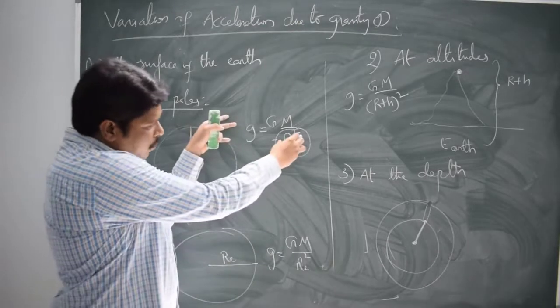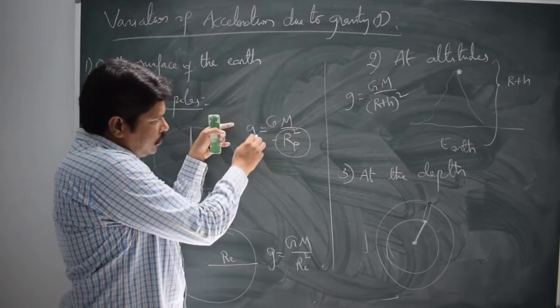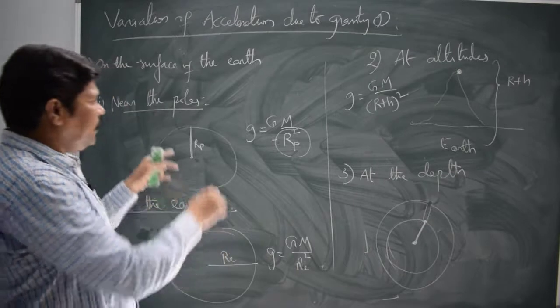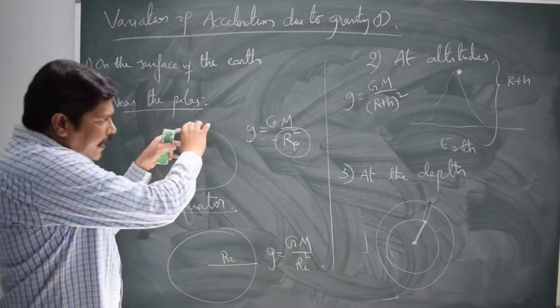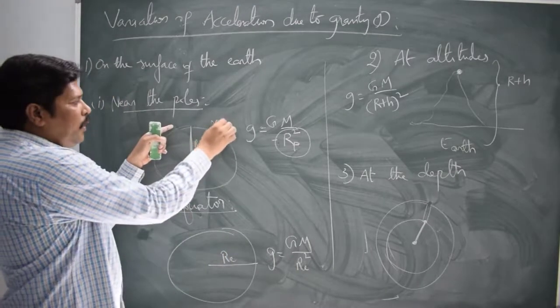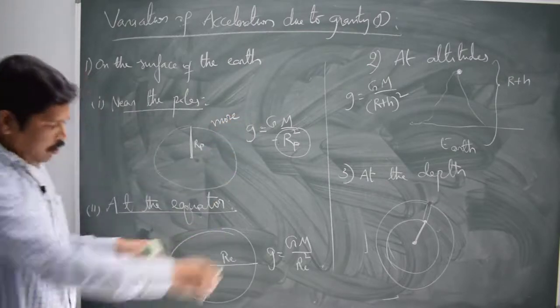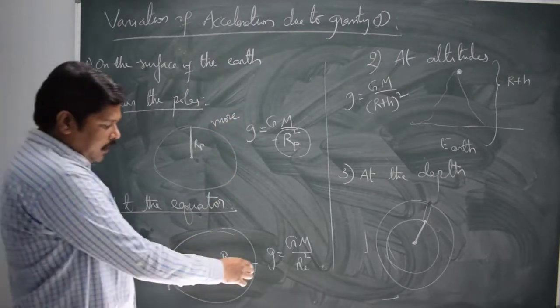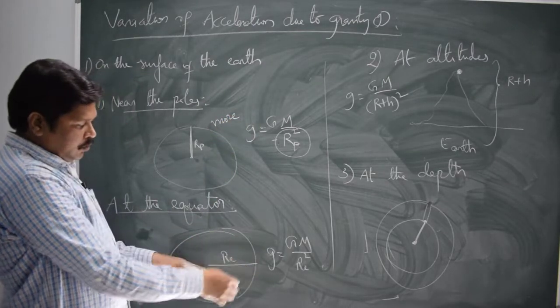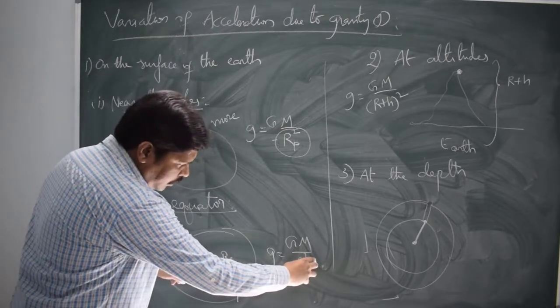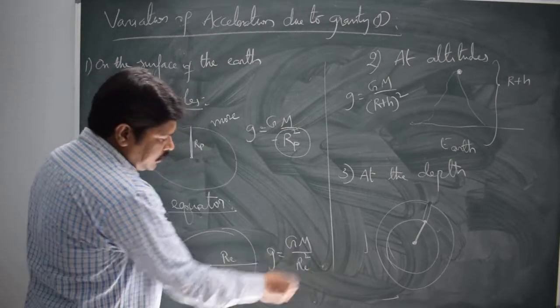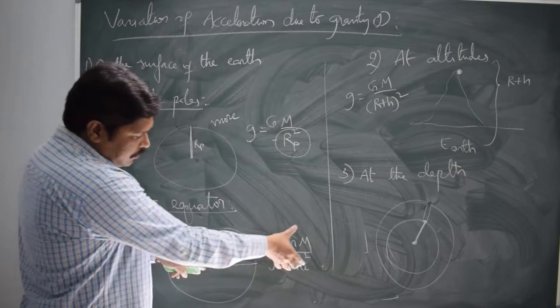So as this value in the denominator decreases, the acceleration due to gravity increases. It is a little higher at the poles, so it is more at the poles. When we go to the equator, the radius of the earth is maximum, so the denominator is more. When the denominator is more, we have a smaller value for the fraction.